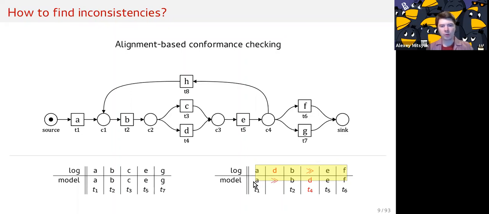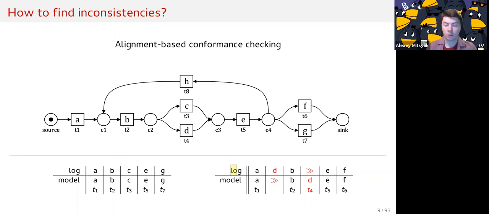Like here we can see that this log trace cannot be directly replayed by the model, and in such cases alignments contain skips for moves in the model or for moves in the trace of an event log. Here we can see that there are two skips.